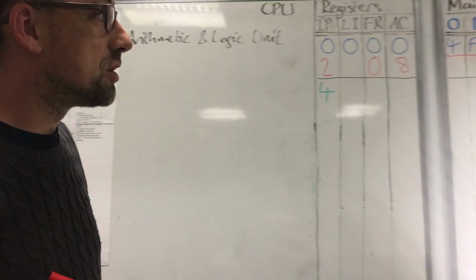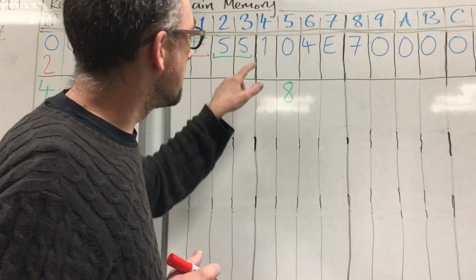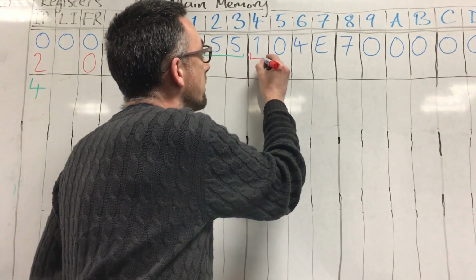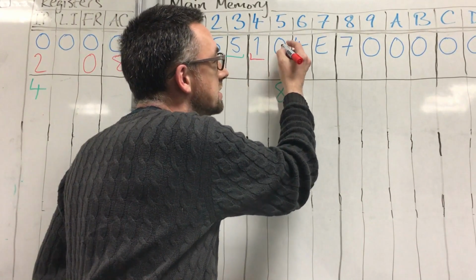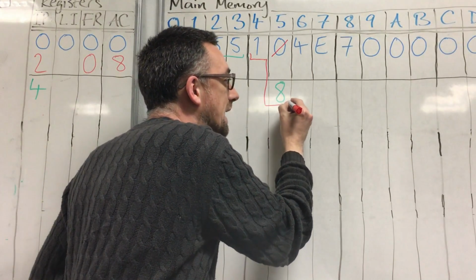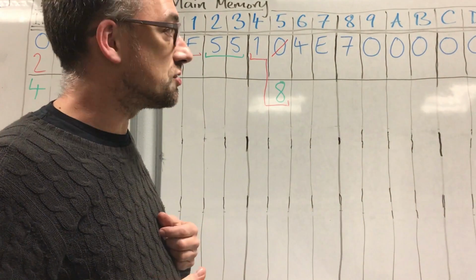Now, let's go and look in main memory to see the value of the operand. It comes from straight after the operator, but it is not this 0 which has been overwritten. It is in fact the 8 that we just stored in the previous instruction.